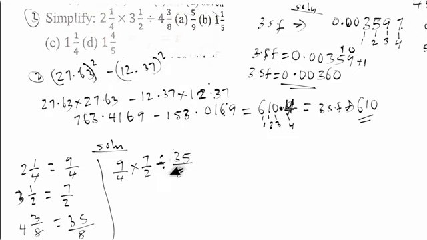The numerator becomes the denominator and the denominator becomes the numerator, and then the division changes to multiplication. So let's quickly use that method.